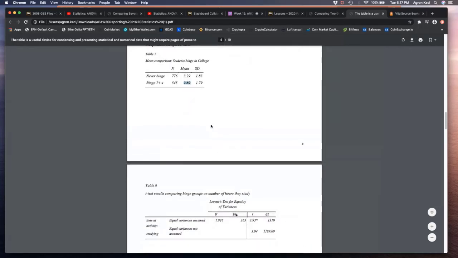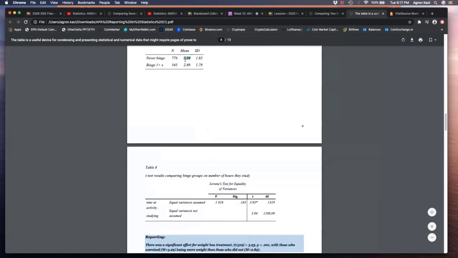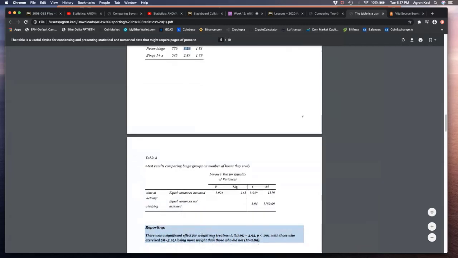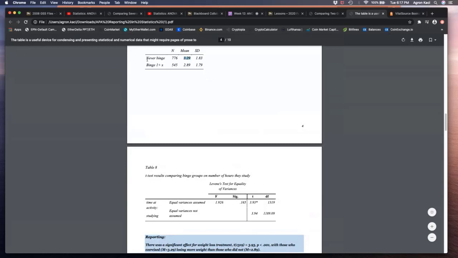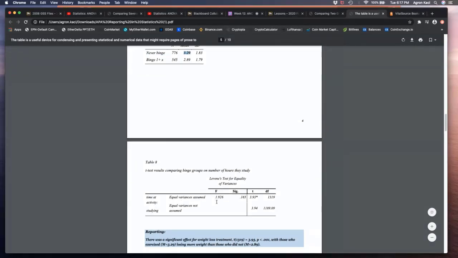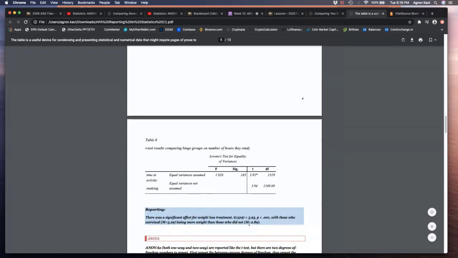Or if this was the number of drinks, then you would say that those who drank, mean 3.25, lost more weight. Well, hold on a second. This is about losing weight, so this is not about the number of drinks. So this is about those losing more weight.